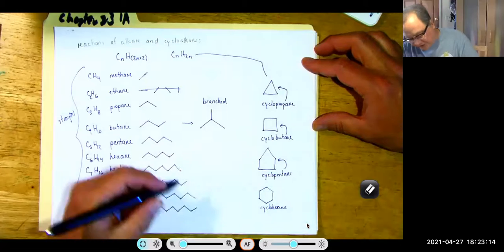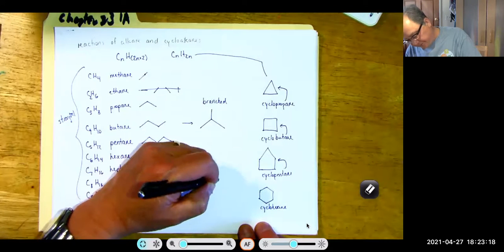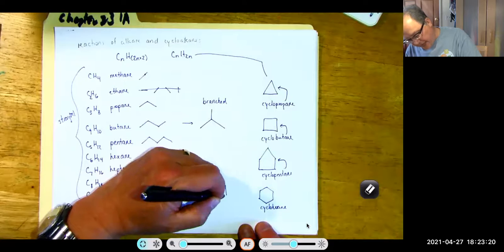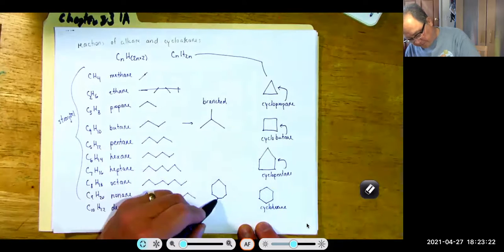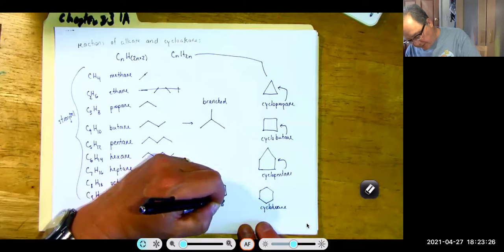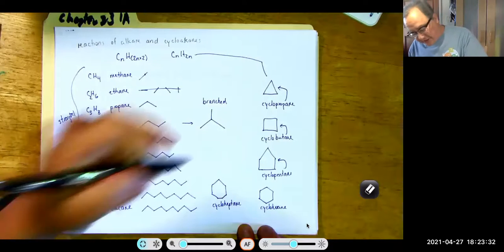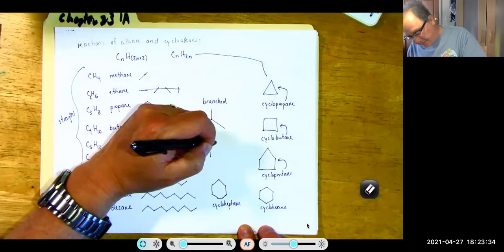And you can even draw 7. 7 would be a house like that. I think I said hexane, but cycloheptane. So here's 7. And 8 would look like a stop sign.